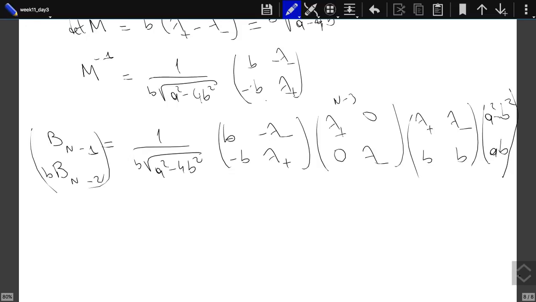And you can just keep the lambda plus, because the lambda minus will be negligible compared to the contribution of the lambda plus. And in the limit as n goes to infinity, it will be 0. And we also know what a and b are. So basically, we are done calculating this part.